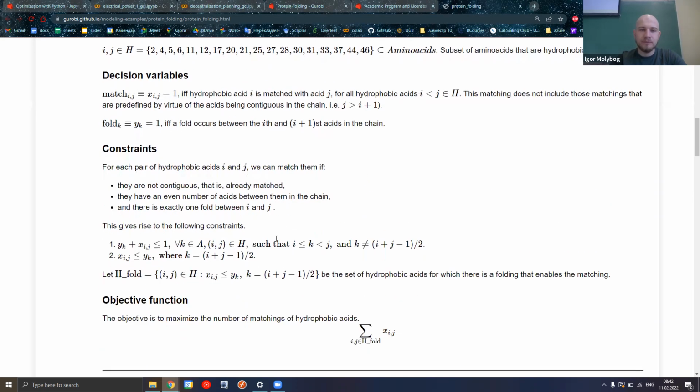So in other words, x_ij can be a match only if a fold has happened at location k, where k is (i plus j minus 1) over 2.